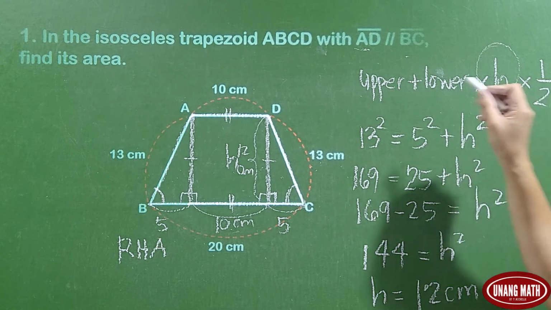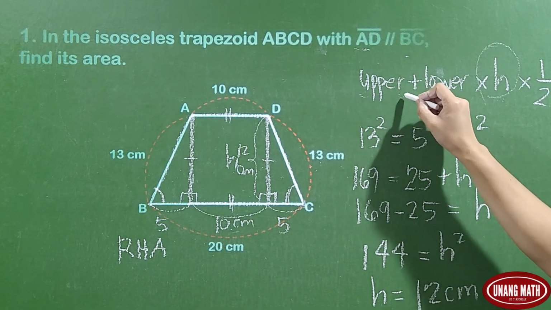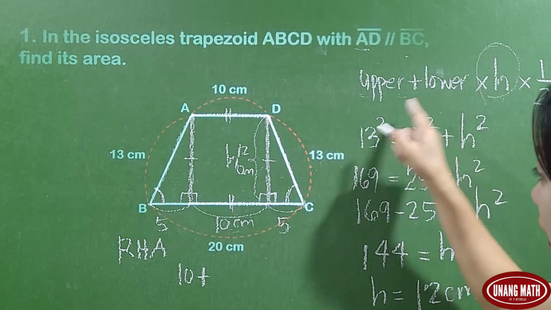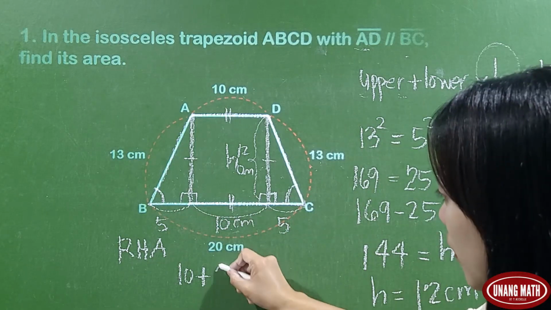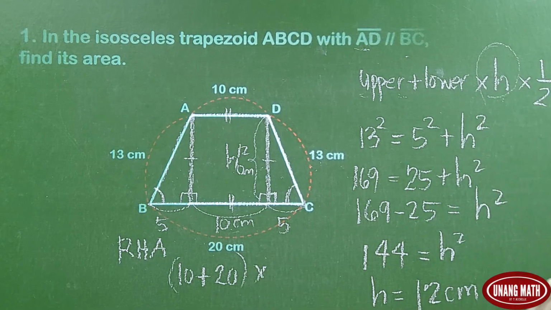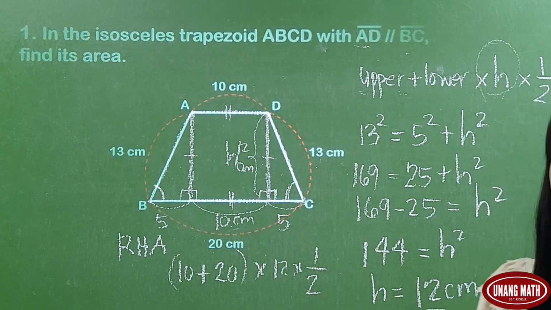So we can now find the area of this trapezoid. The upper side is 10 centimeters, the lower side is 20. So 10 plus 20, times the height of this trapezoid, which is 12 centimeters, times 1/2.